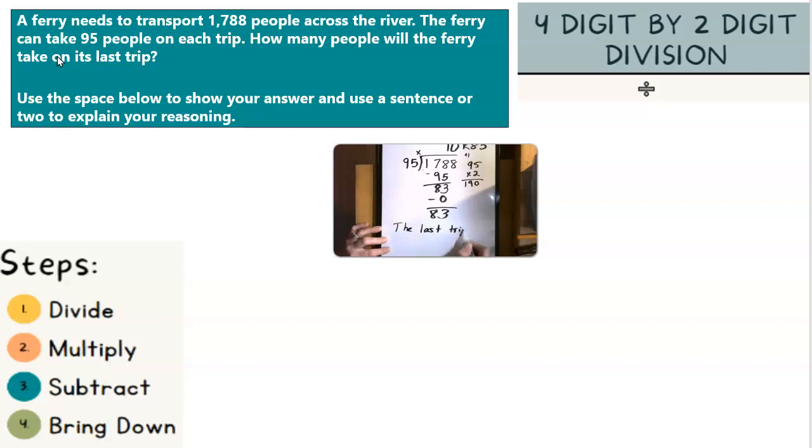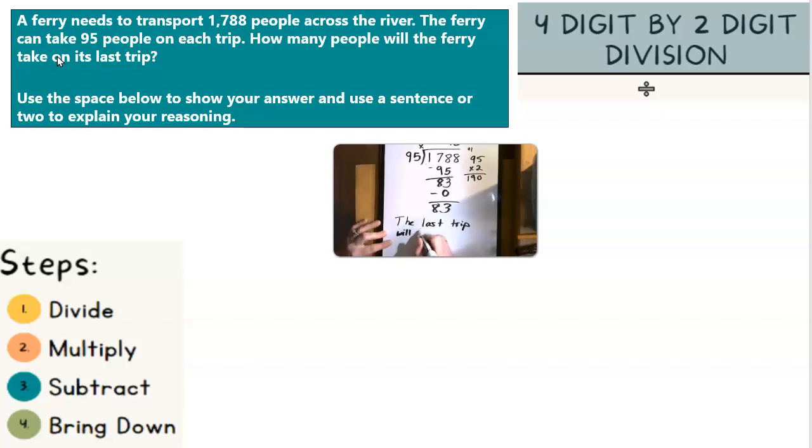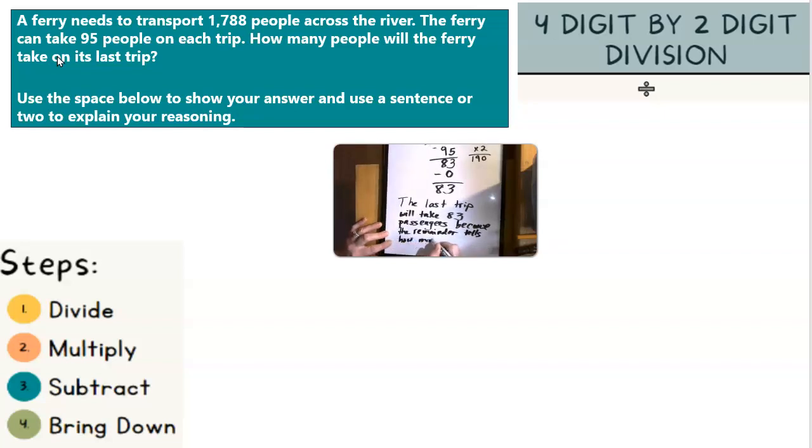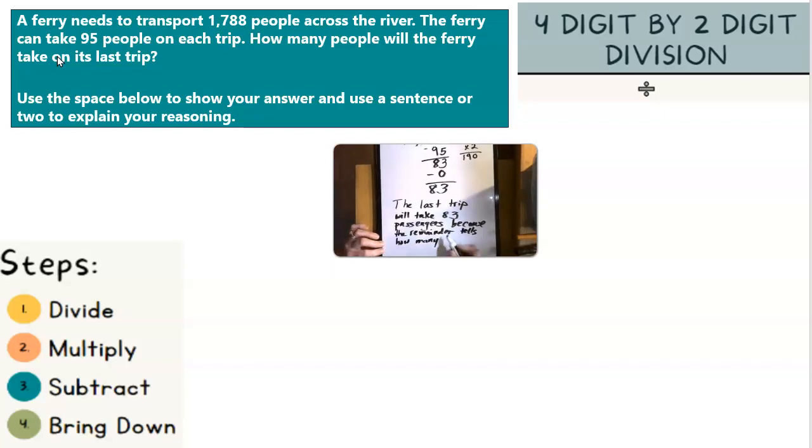Last trip take 83 passengers. The remainder tells us how many leftovers, and in this case, the leftovers are people, how many people to take on the last trip.